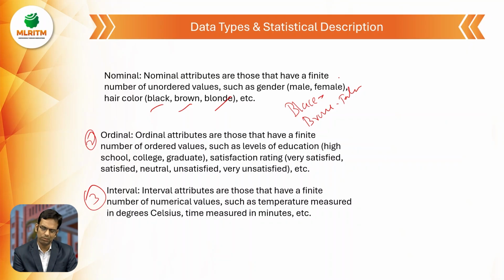So the black color is true. Yes, if black color is true, then brown color will be false. For example, in case 2, I have selected brown color as true. If brown color is true, then we will say that black color is false. Why is it like this?